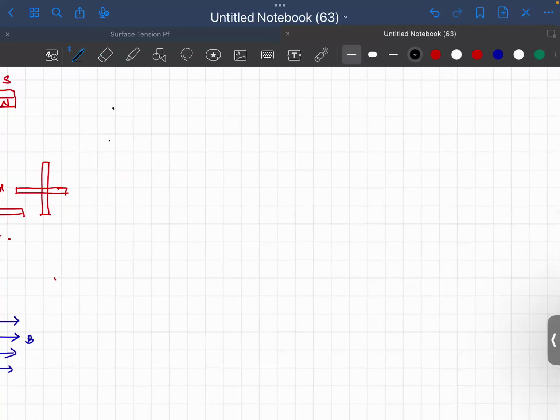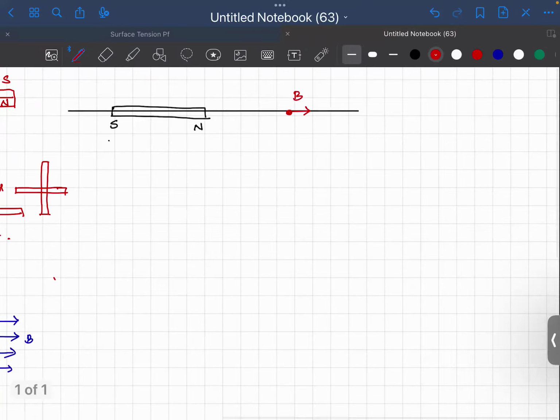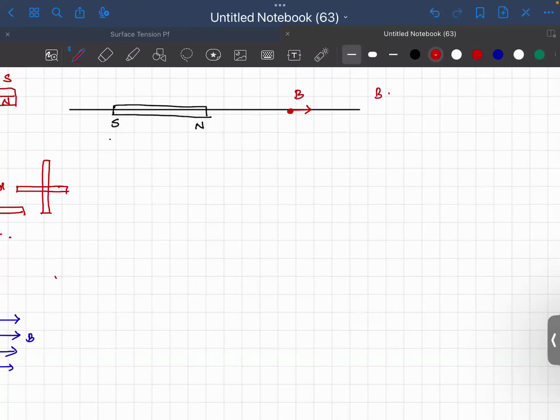In an electric dipole, most of the cases we will take short bar magnets only. We have already studied that at a point here, the magnetic induction field strength called B is given as B equals mu naught by 4 pi, 2M by d cube.